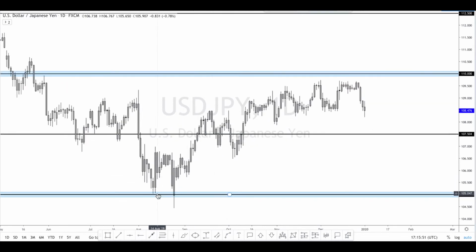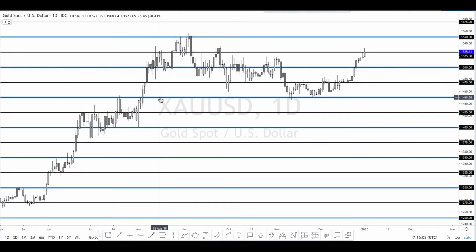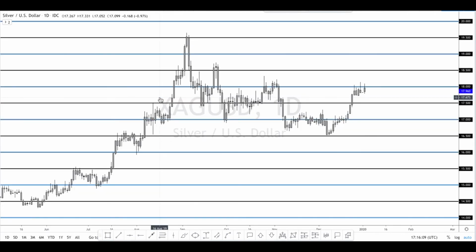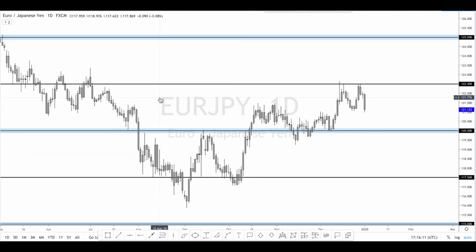You see it here with UJ: it has a low, pushes away, comes down, takes that low out, and then completely reverses. Just like here in UJ, we have a high, it comes up, wicks the high, and completely reverses. You're going to see this on many occasions, where price gets manipulated and then completely reverses. Even here, we take out the high and price reverses.